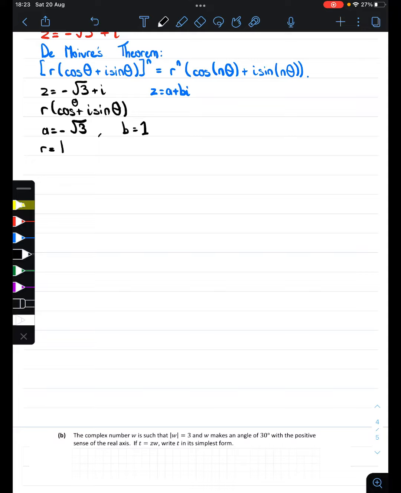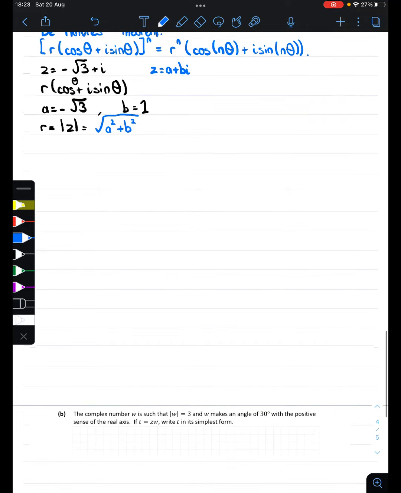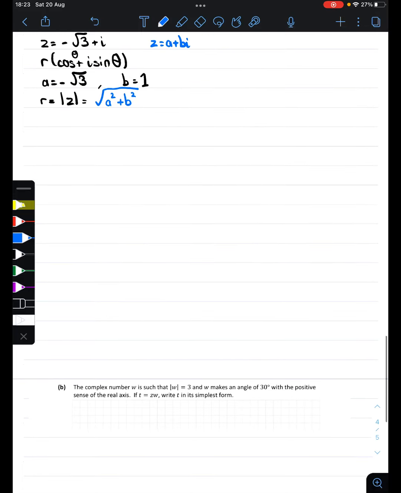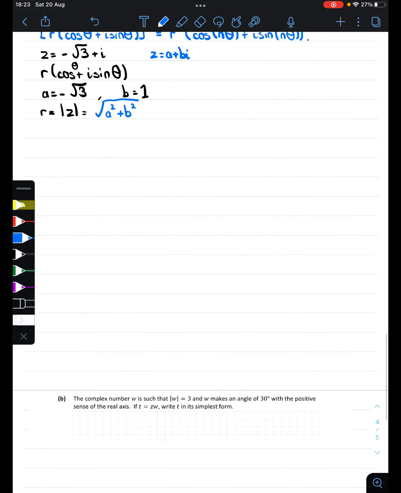r is equal to the magnitude of z, which we have a formula for: the square root of a squared plus b squared. So when we're going from the a plus bi form to the polar form, we also have a formula for theta.